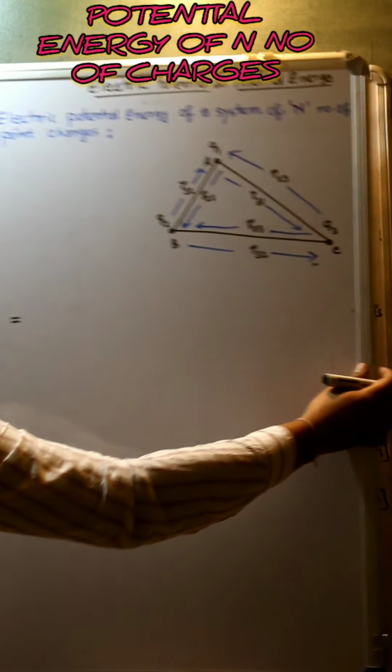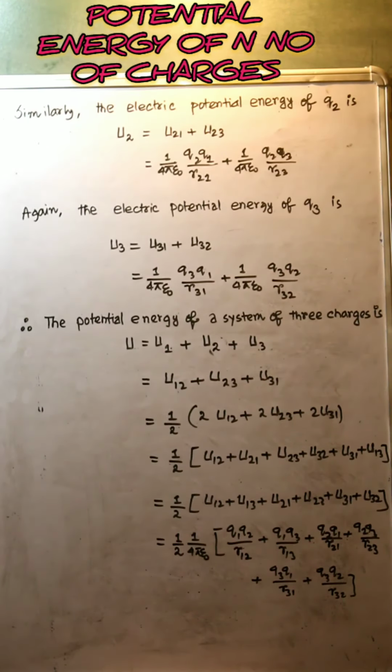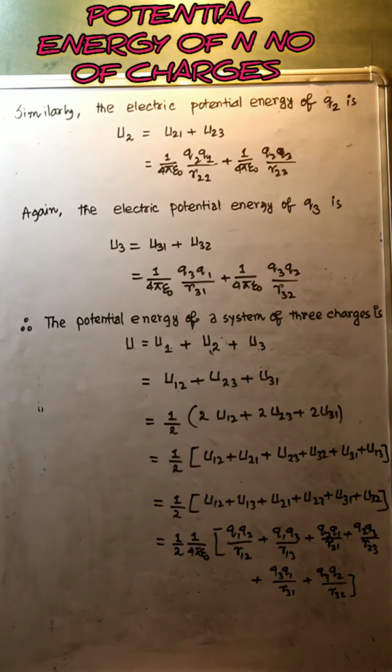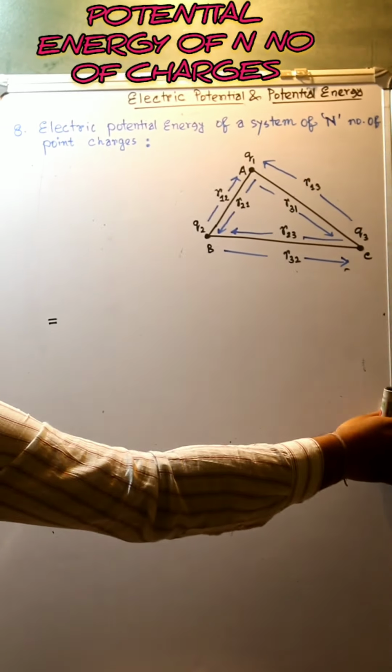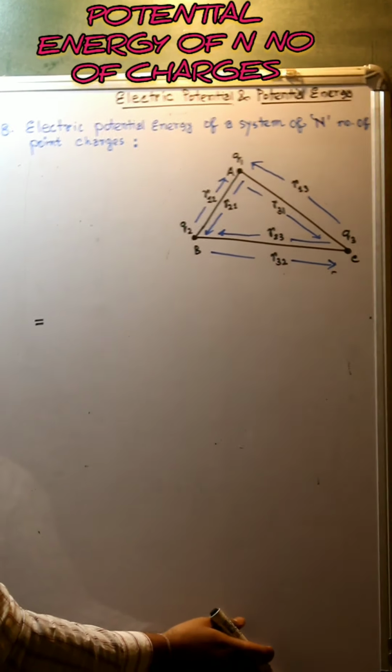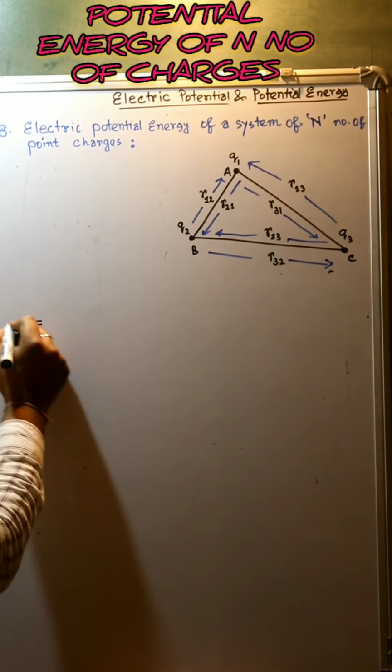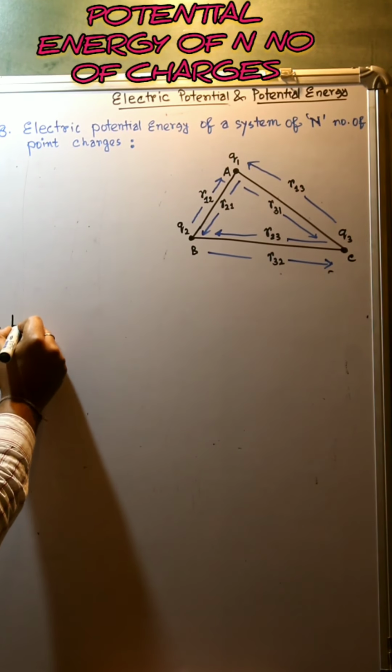If we see the last page, we got half of 1 by 4 pi epsilon 0 Q1 Q2 divided by R12, Q1 Q3 divided by R13 in this way. So finally we can express this energy in terms of summation.